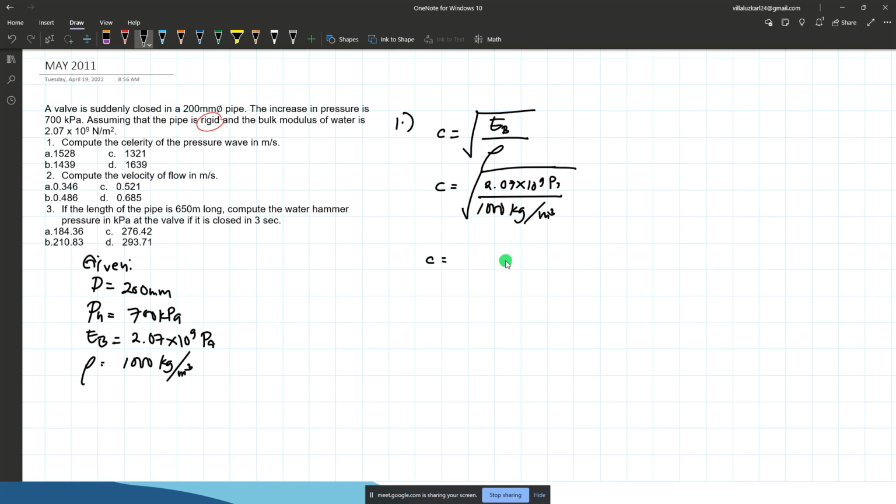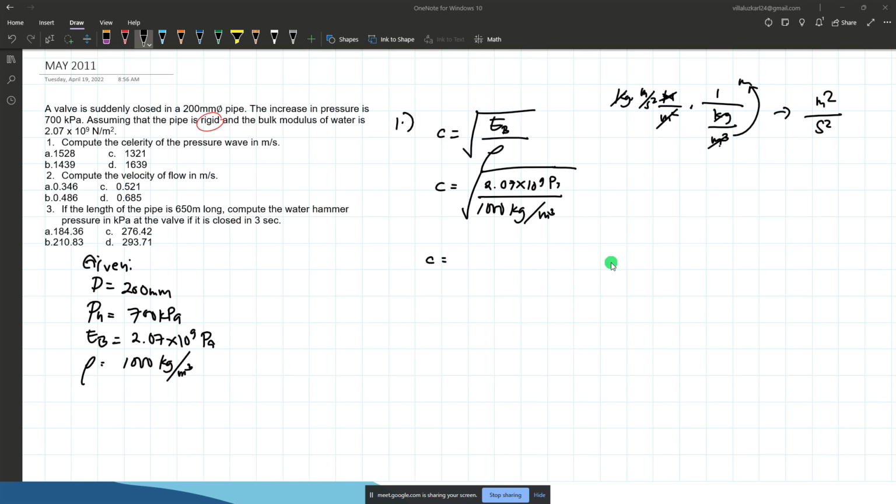So just to check if the equivalent unit that we're going to solve here is in meter per second. Given that Pascal is Newton per square meter, divided by kilogram per cubic meter, and Newton is kilogram meter per second squared, the kilograms cancel out, and that will be meter squared per second squared. Taking the square root of meter squared per second squared, the unit is meter per second.